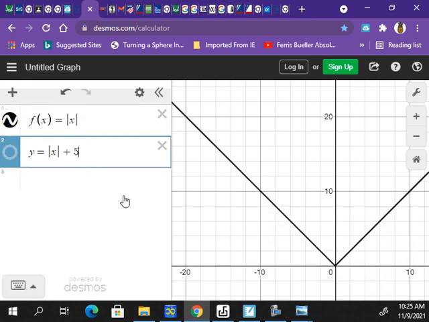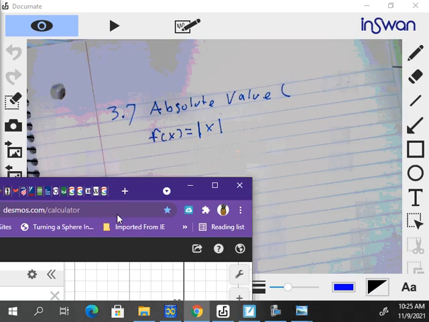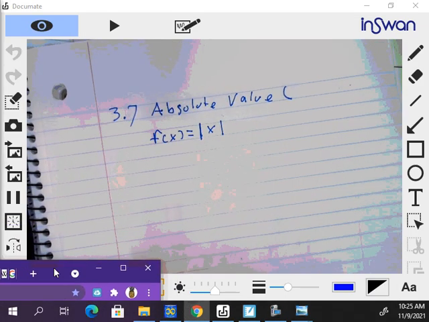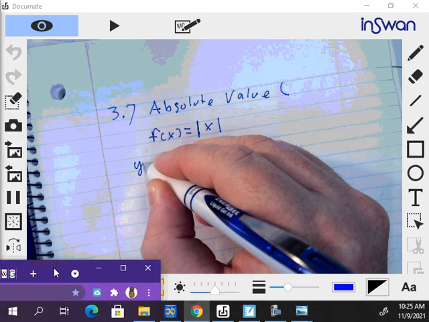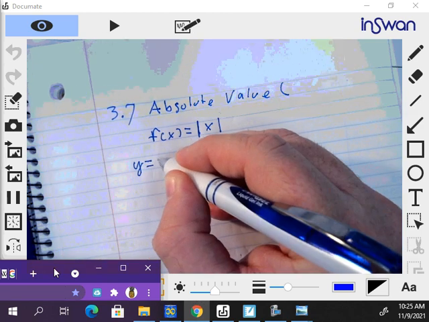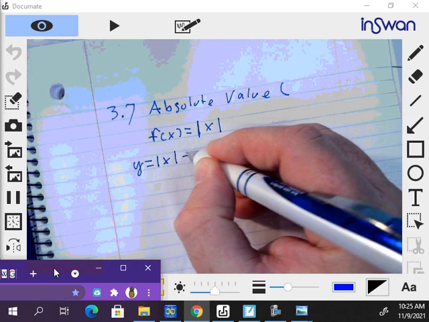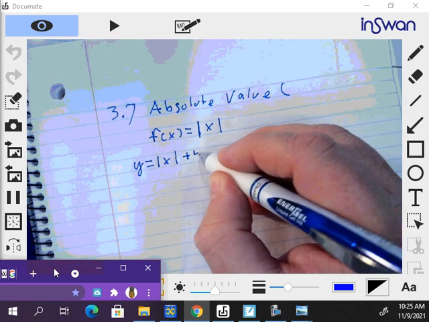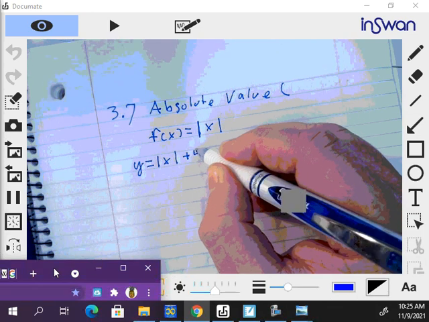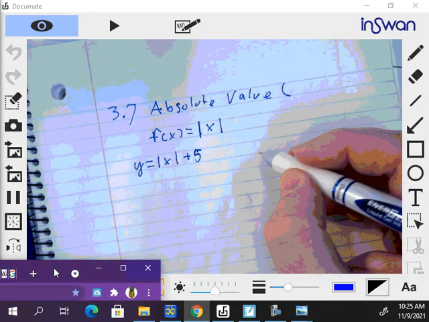And so we're going to get a separate graph, and this is what I want you to do on your piece of paper. Okay, so you understand what's going on. I want you to go ahead and write this y equals, so what is going to happen? So y equals, what did I say, 5? Yeah. I want you to tell me what happens.